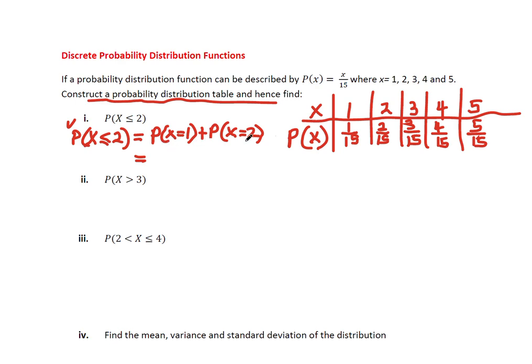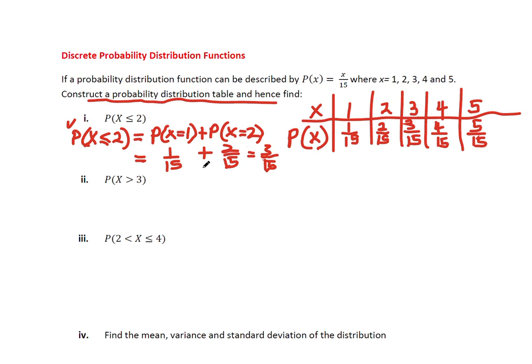So the probability that x is equal to 1 here is 1 over 15. So we're simply adding 1 over 15 plus the probability that x is equal to 2, which is 2 over 15. Because our denominator is common, which is 15, we simply write back that 15 and add the numerator values, 1 plus 2, which is 3.